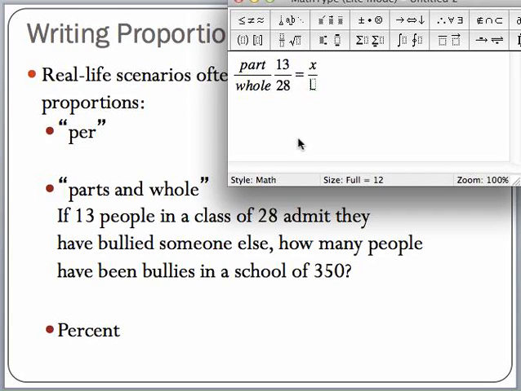And my entire school has 350 students in it, and so this would be the proportion I would set up. I probably wouldn't write parts and a whole on my paper. I probably would just write this: 13/28 is equal to x over 350, and that one's a little harder to solve because the numbers are bigger. You'd probably use a calculator to multiply them out, but again, you'd cross multiply. 13 times 350 equals 28 times x, and if you solve that one, I think it was about 160 students or so out of the 350 end up being potential bullies at some point.